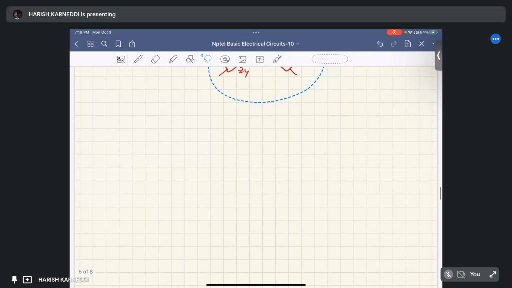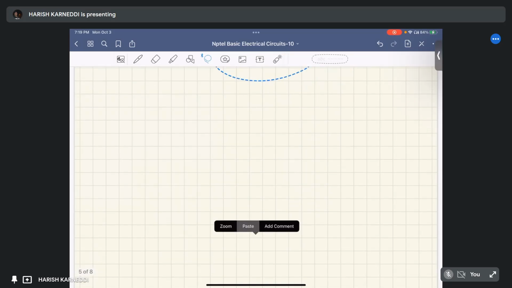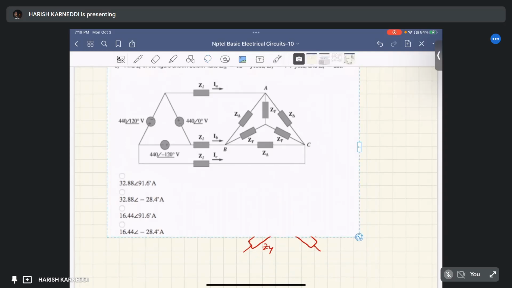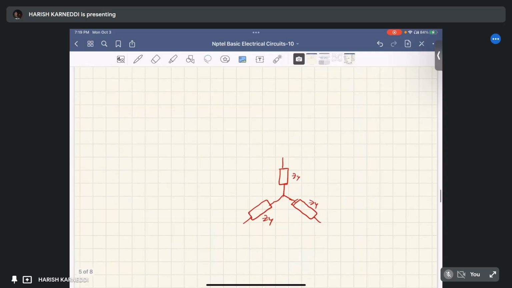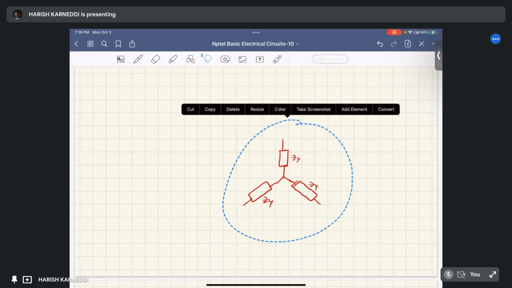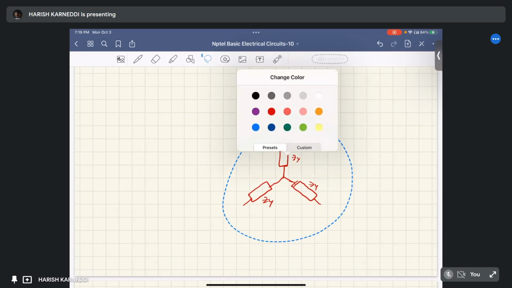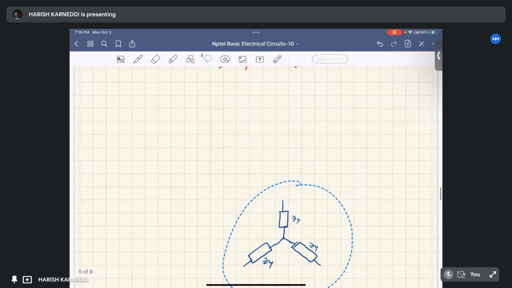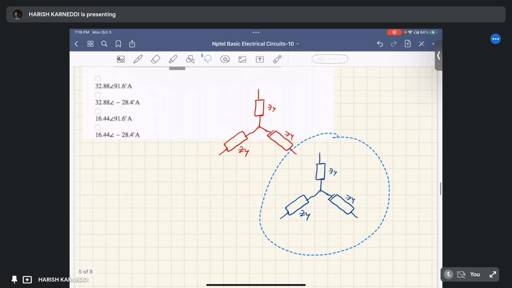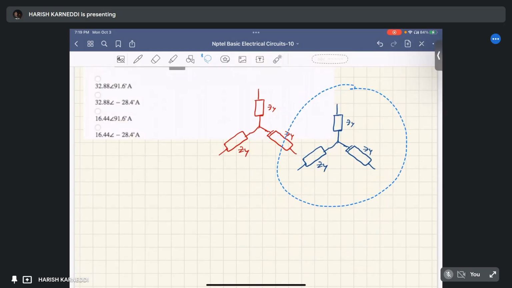Copy, paste. Can remove this picture. We'll give some other different color. Okay.